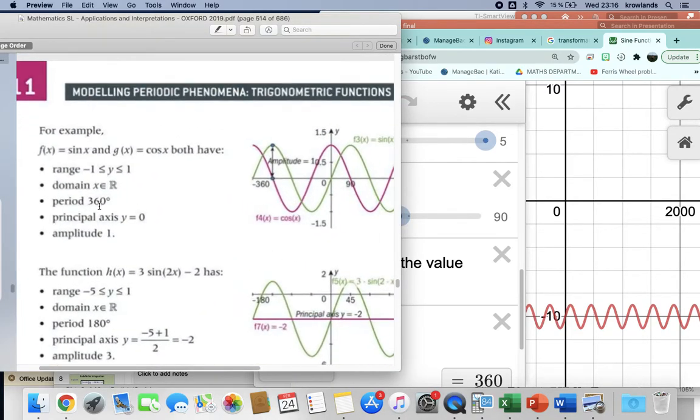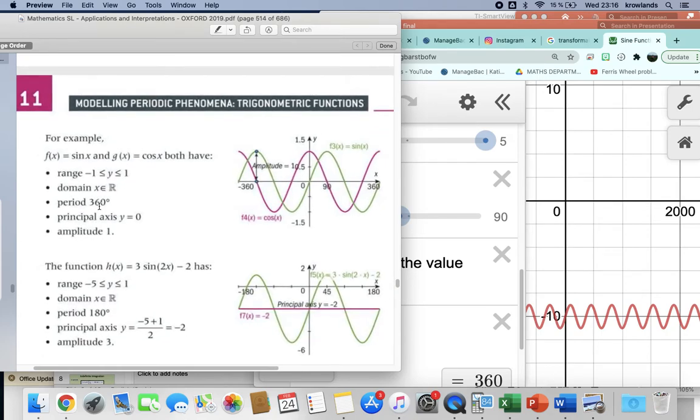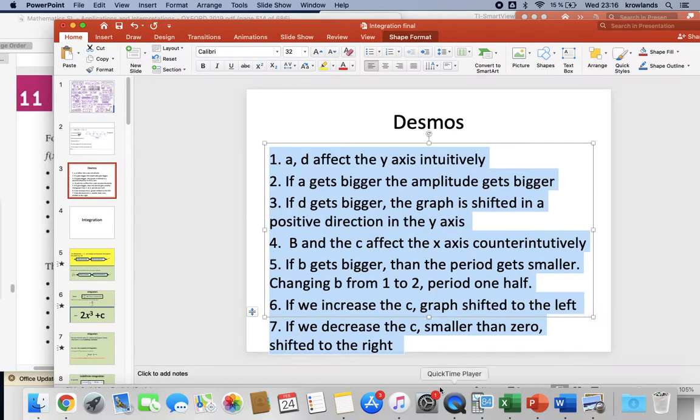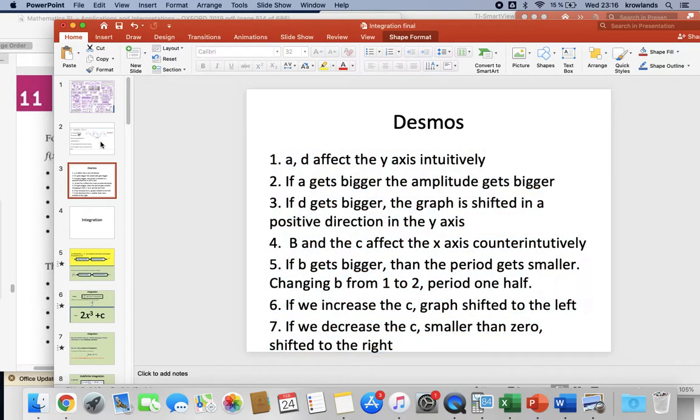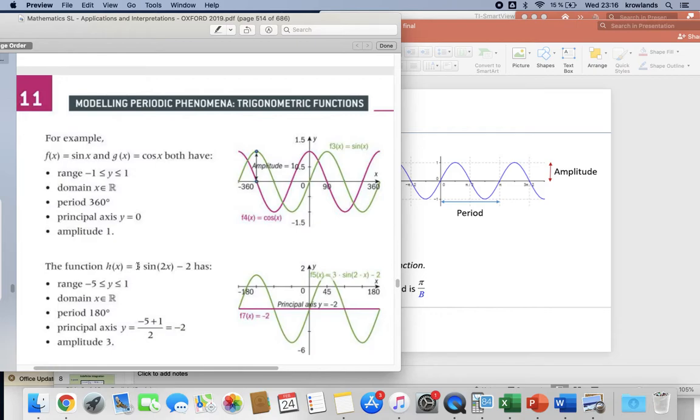So, these are a couple of questions. We've talked about sine and cos. What we now need to talk about is this function. So we have changed the a to a 3. This means the amplitude is 3.